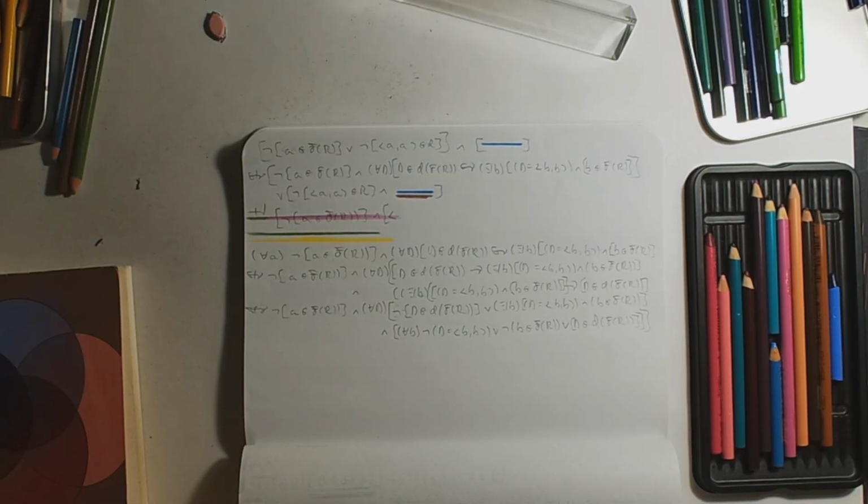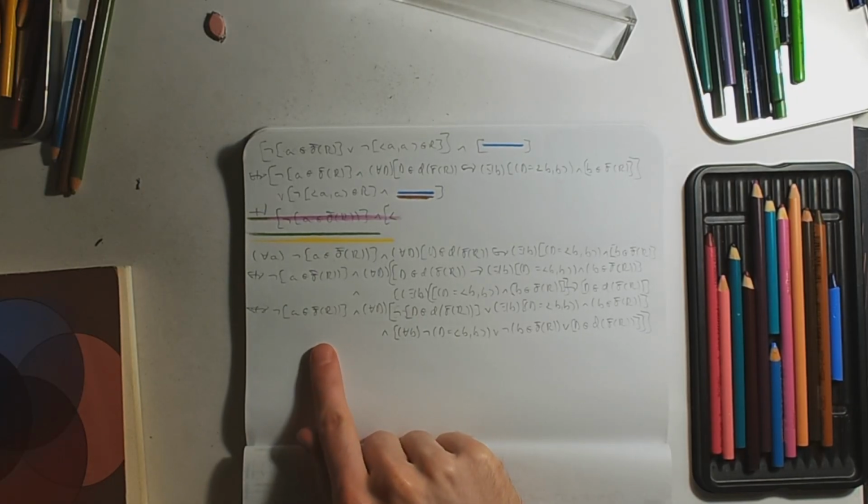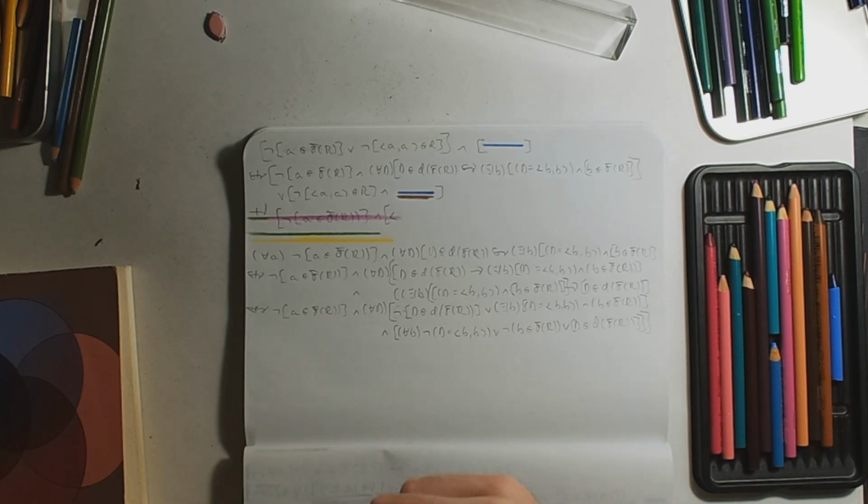Anyway, if I distribute this term, not A is an element of the field of R. Okay. And this would be for all A. No, but this is still... I still don't think I understand what quantifiers are doing here.